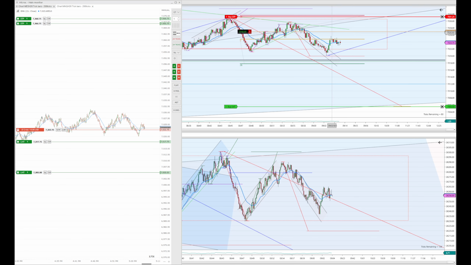Price is now forming a smaller failed second entry long. So one attempt, second attempt, if it triggers here, then we would expect to at least retest the overnight high.